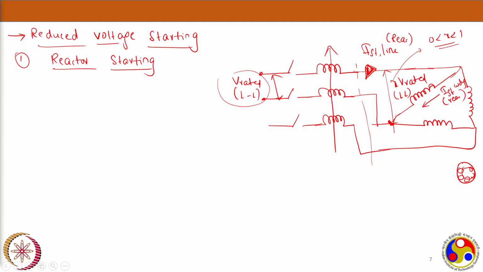Now let's say our goal is to calculate how much current your machine is drawing from the line.